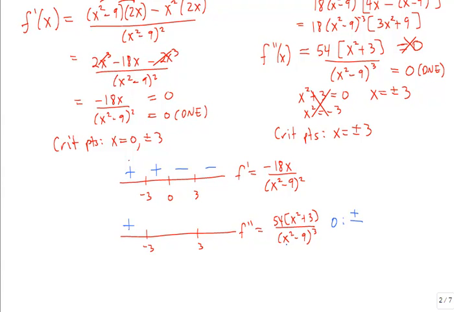On the bottom, 0 minus 9 stays negative, and when I cube a negative, it's going to stay negative. So now this inside piece is minus. And if I plug in 4, then again, that numerator will be positive. 4 squared is 16. 16 minus 9 is 7, so that's going to be positive, and it's going to stay positive when I cube. So there are all of my signs.